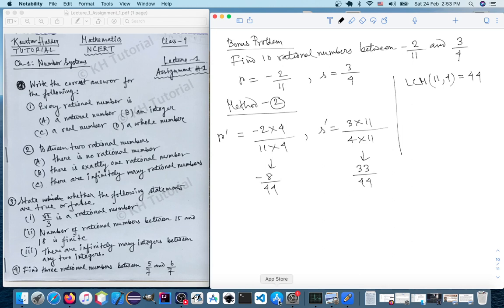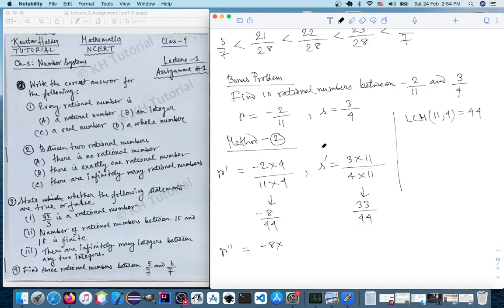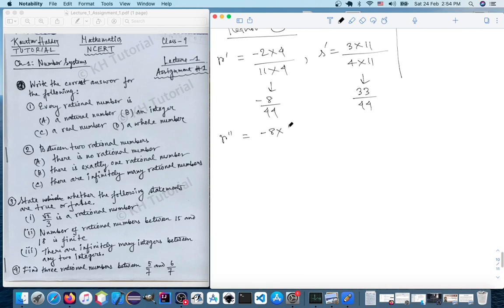Now to find R double dash and S double dash, what we need to do is multiply 10 plus 1, that is 11, to both the numerator and the denominator of R dash and S dash. R double dash will be minus 8 into 11, because we have to find 10 rational numbers. We will multiply both the numerator and the denominator with 11.